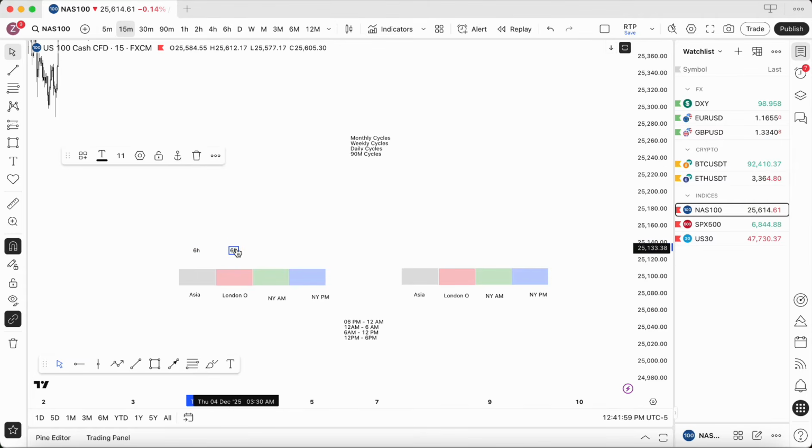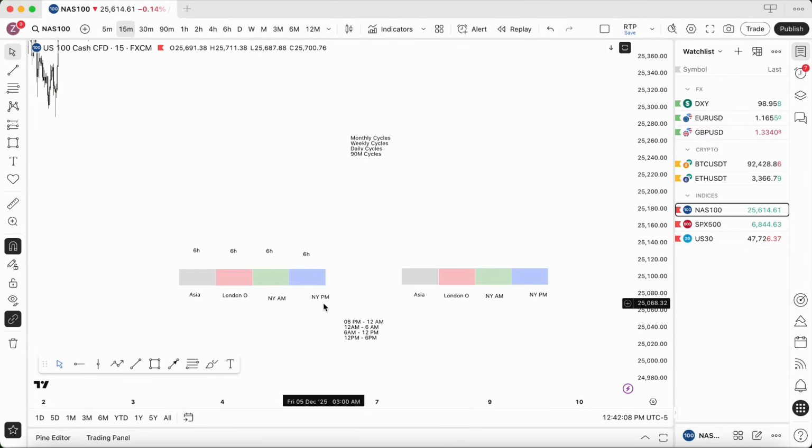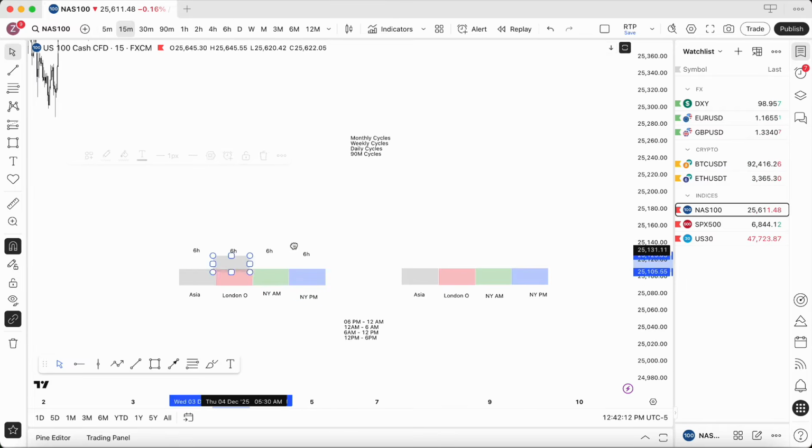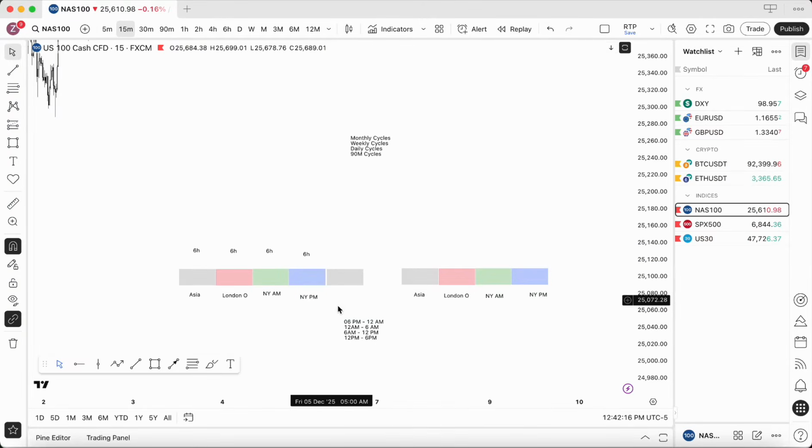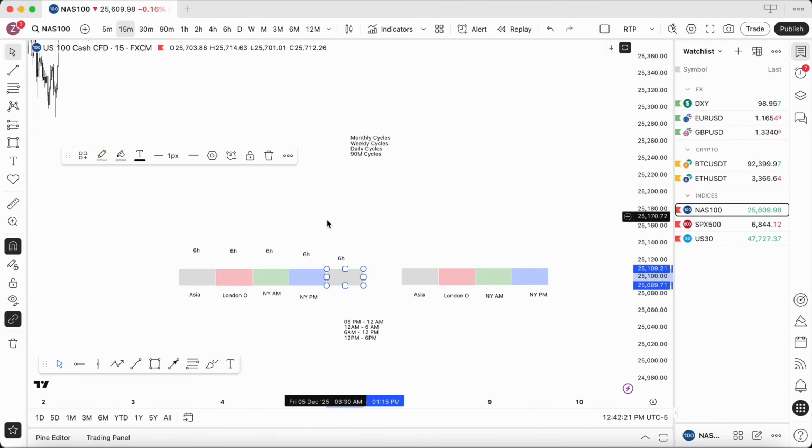After 12 to 6 is my London. And on 6 starts my New York. And after 12 p.m. comes New York PM session. And again, Q1 is Asia from 6 p.m., from 12 p.m. sorry, to 6 p.m. And this is the whole thing.